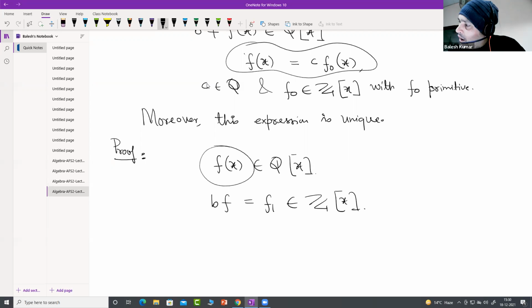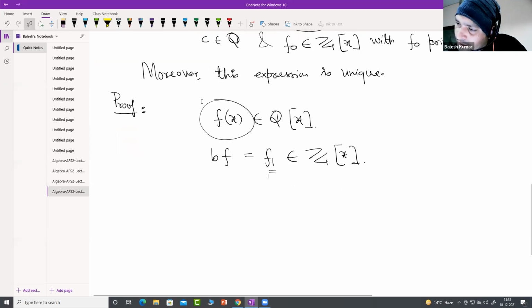Now our aim is, since f1 is a polynomial with integer coefficients, to look at the GCD of the coefficients, and take that GCD out. Look at the leading coefficient of f1, and if it is negative, I will multiply the GCD by -1.